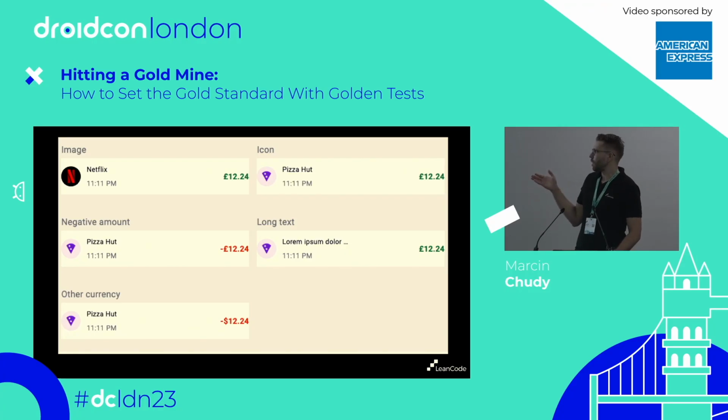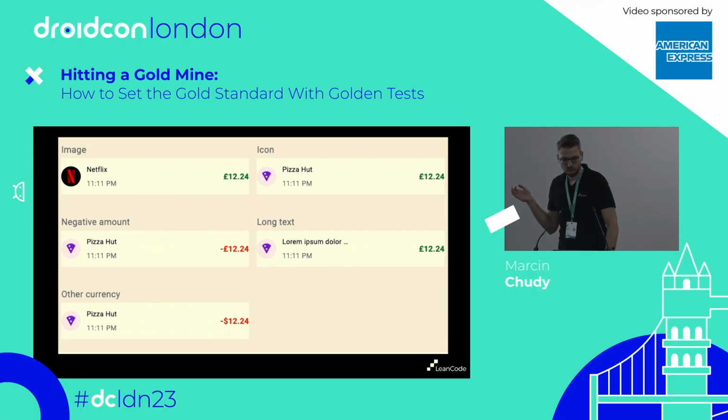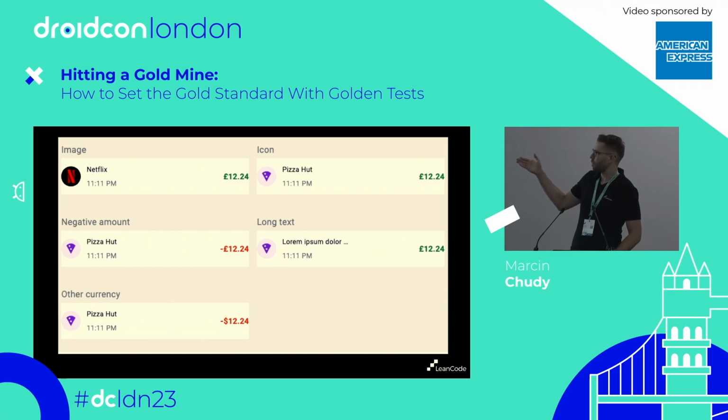And this is an actual output of a golden test written with Golden Toolkit library. It allows you to render different variants in a single image. So we can say that we have a version with image, we have a version with icon. A negative amount should be using the red color as opposed to green.